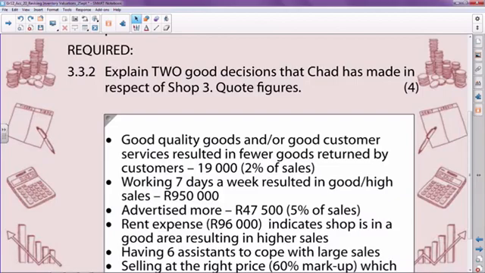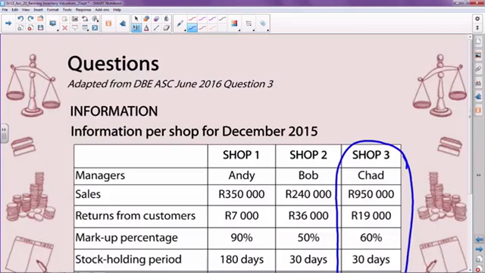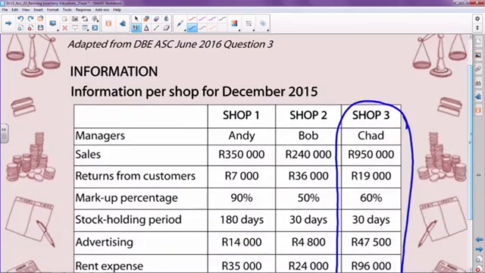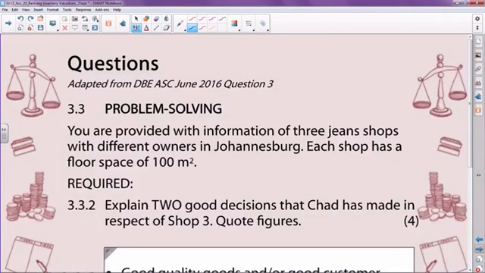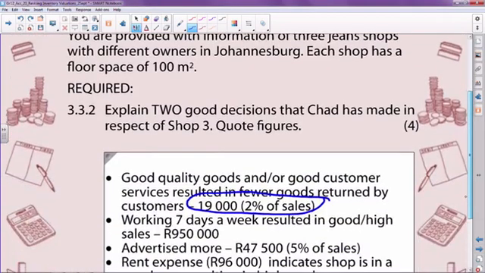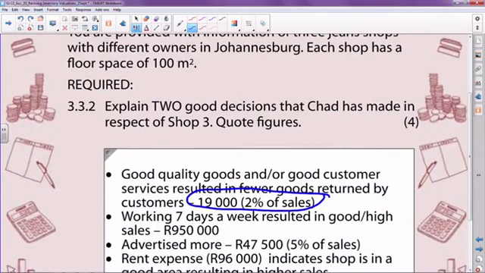Only 2% of your sales. So we're saying that of the total sales, 19,000 Rand was returned. Let's identify it. Clearly you can see total sales of 950,000, the returns were only 19,000. So only 2%. So you're selling good quality goods and good customer services.